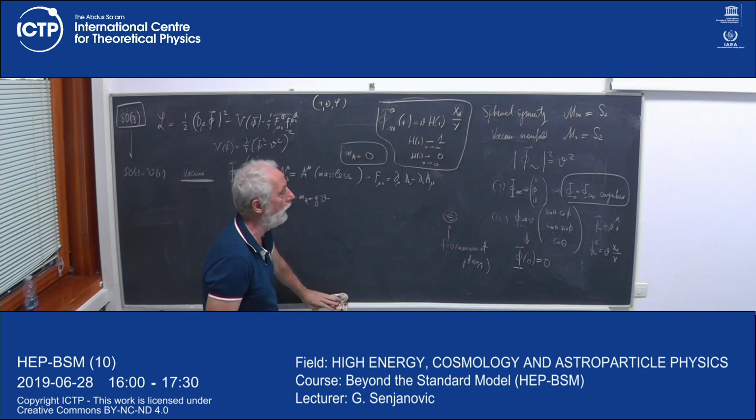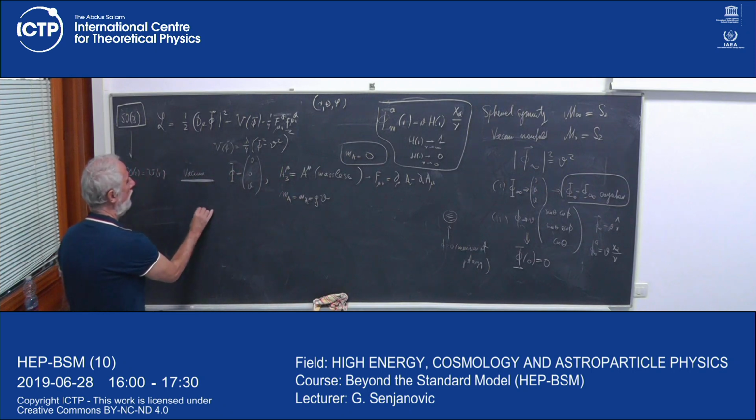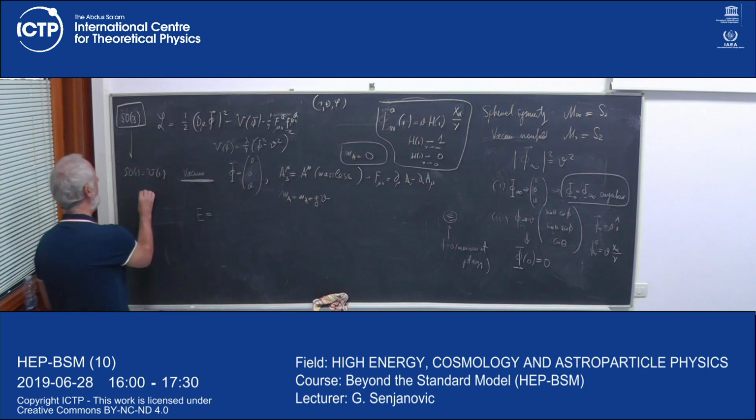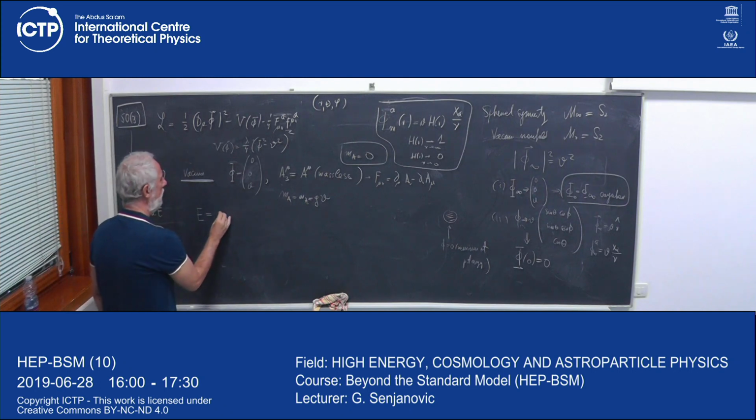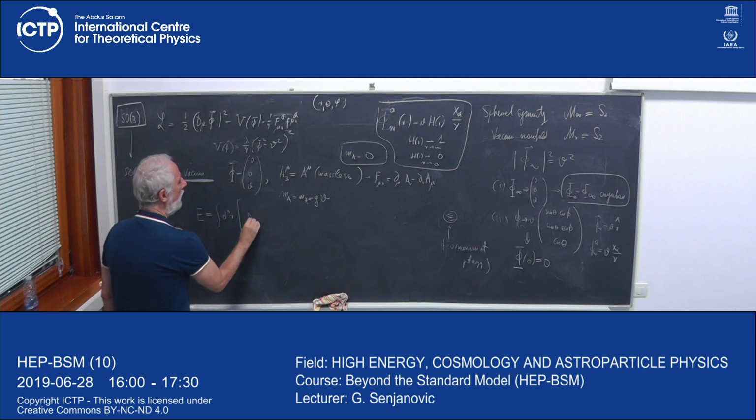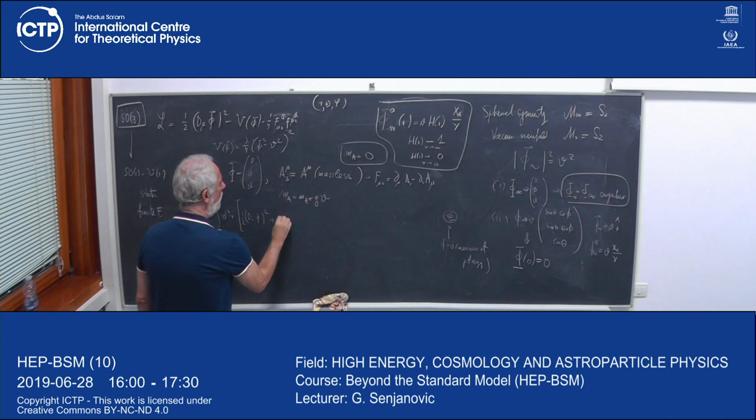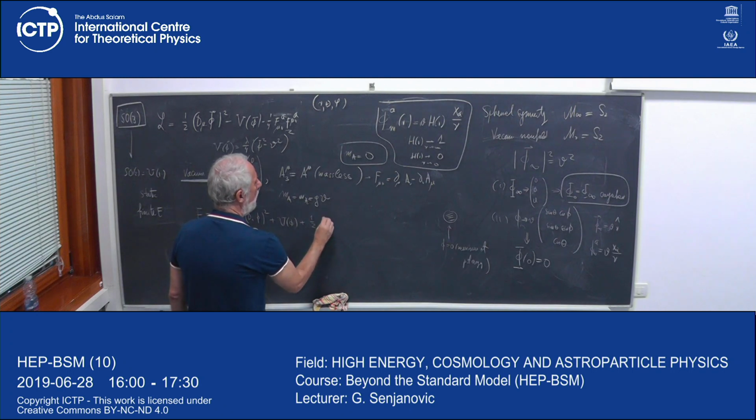Maybe I write one more formula from this Lagrangian, that the energy of my static object, I'm always looking for a static finite energy, is the integral d3r, let me write, there'll be D_i phi squared plus V of phi plus 1/2 E^a squared plus B^a squared.